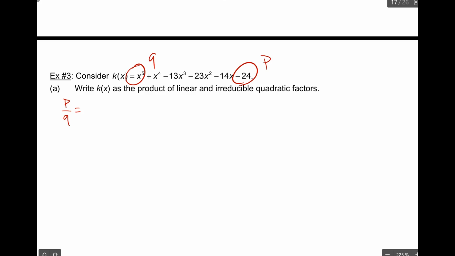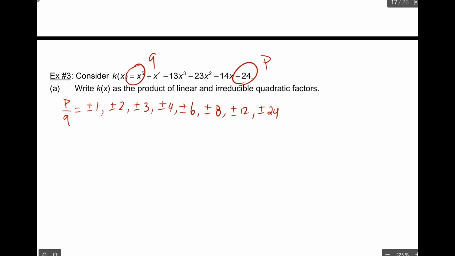So I'm going to be dividing by plus or minus 1 every single time. So let's just write out the factors of negative 24. So I have plus or minus 1, plus or minus 2, plus or minus 3, plus or minus 4, plus or minus 6, plus or minus 8, plus or minus 12, and plus or minus 24.